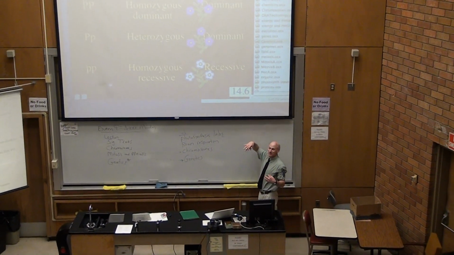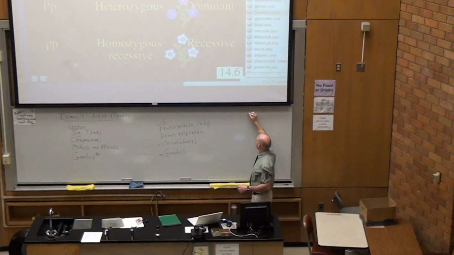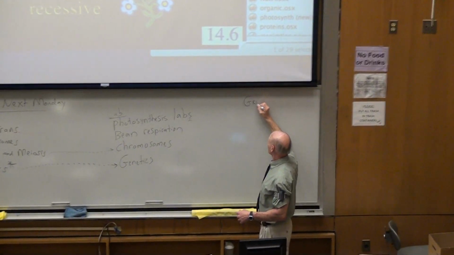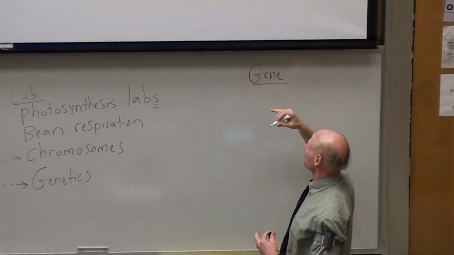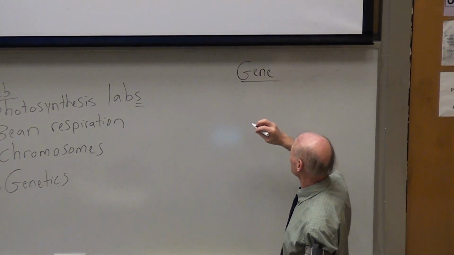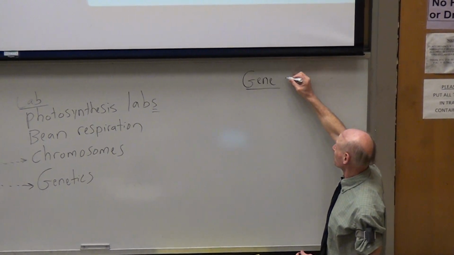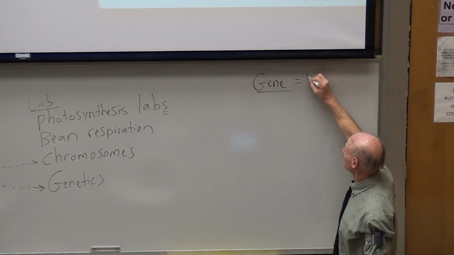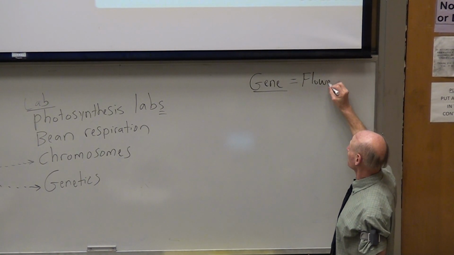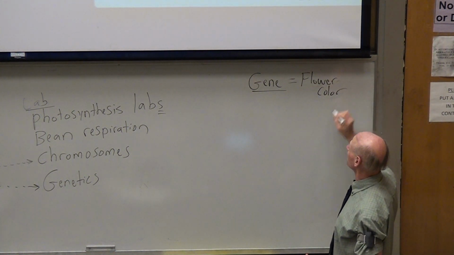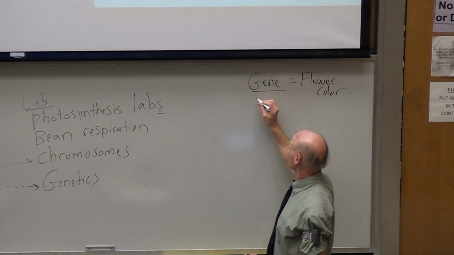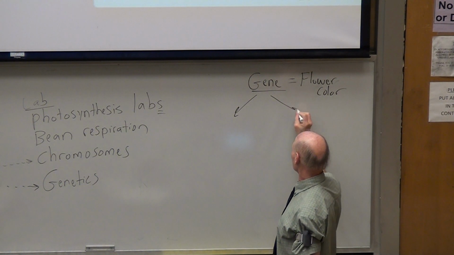When Gregor Mendel was figuring out the laws of genetics, he made a differentiation between genes and alleles. A gene is something that controls a trait. For instance, there's a gene that controls flower color in the pea plants he was studying, but there's more than one version of that gene.